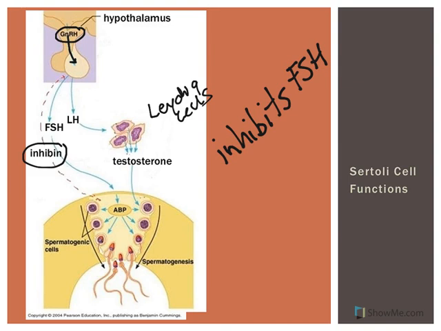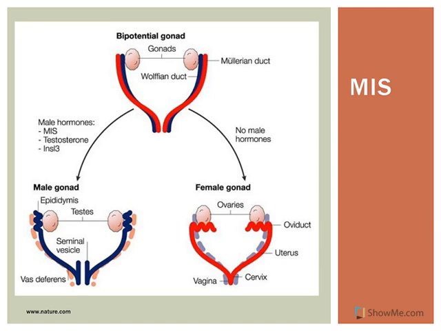Another thing that it does is it produces something called Mullerian inhibiting substance. This is released during fetal life. During fetal life, what this will do is inhibit the Mullerian ducts in the male embryo. In the female, the Mullerian ducts become the uterus and the fallopian tubes, so we don't need that in the male.